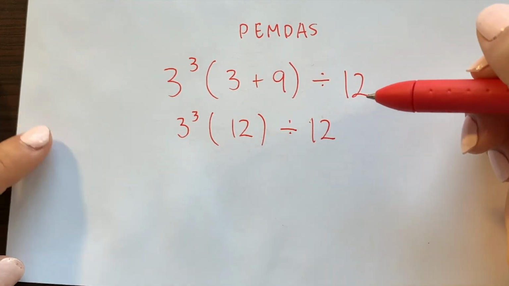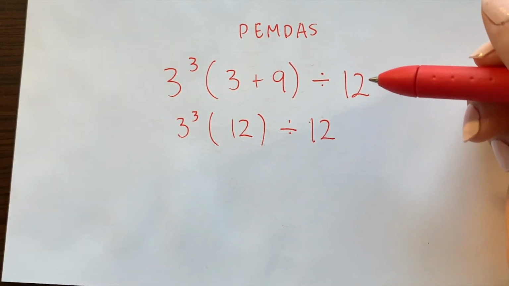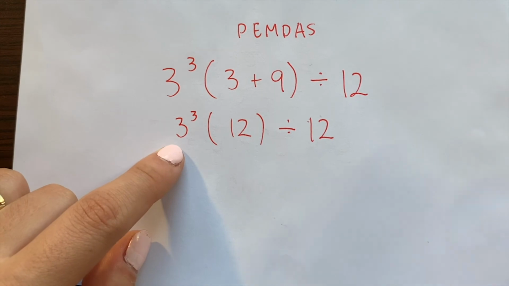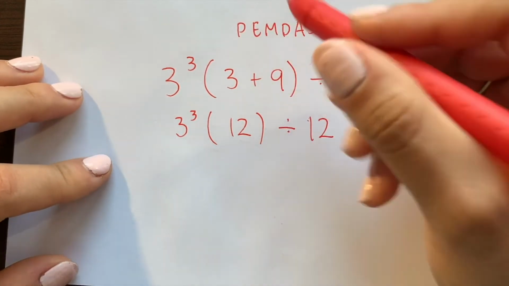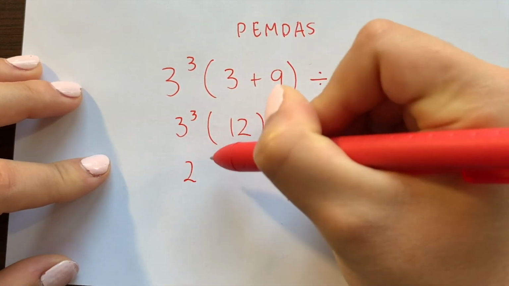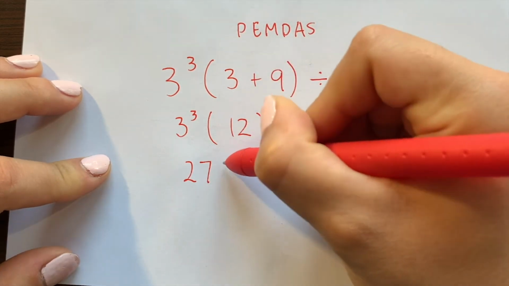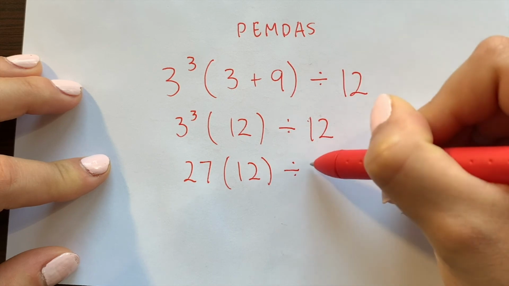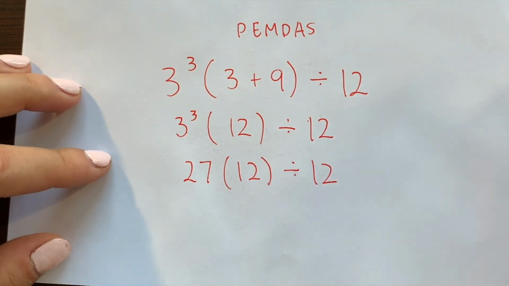So now we see here again our problem getting smaller every time that we solve something on it. So next is exponent. Do we have an exponent? Yes, we have 3 cubed right here. So we can go ahead and write that out. 3 cubed gives us 27, by the way. So we go ahead and just copy everything else down after we solve that.